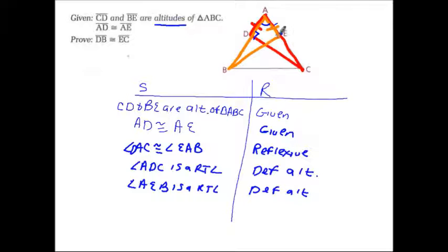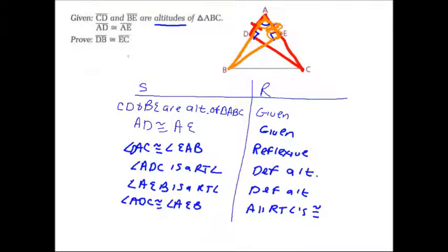Now, they're both right angles. They both have the same tick marks. Let's say they're congruent to each other. Angle ADC is congruent to angle AEB, all right angles congruent. Looking at that picture, on the orange triangle I have three pieces of congruency: the reflexive angle, our side, and our right angle.